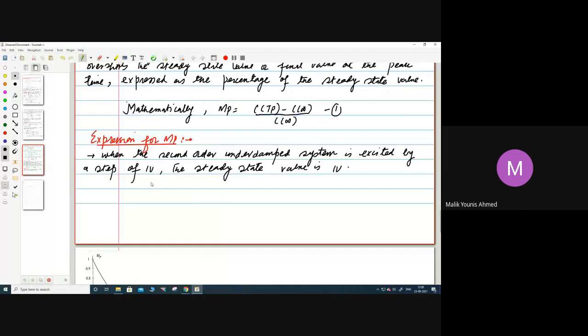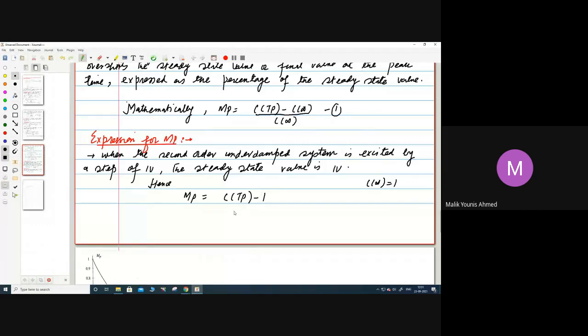Hence, Mp will be C of tp minus C of infinity divided by C of infinity. We know that C of infinity, the steady state value, is equal to 1. So Mp is C of tp minus 1, divided by 1, simply minus 1.